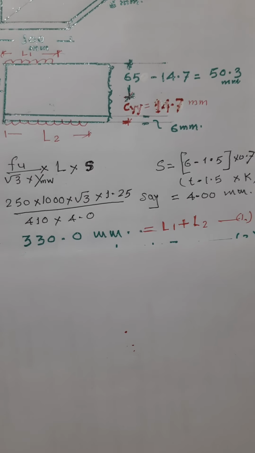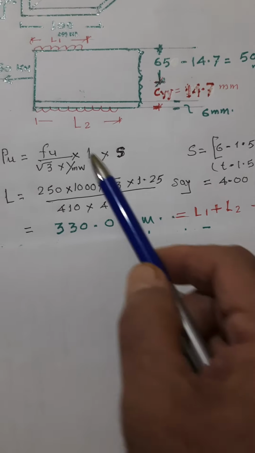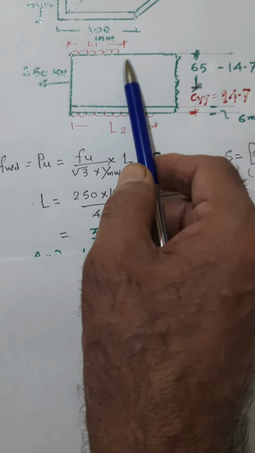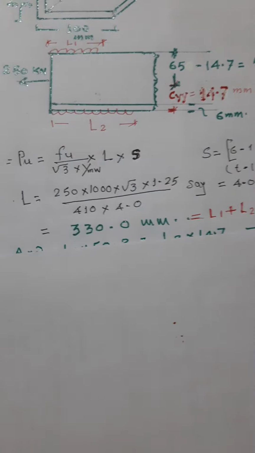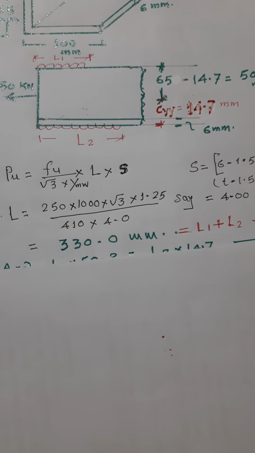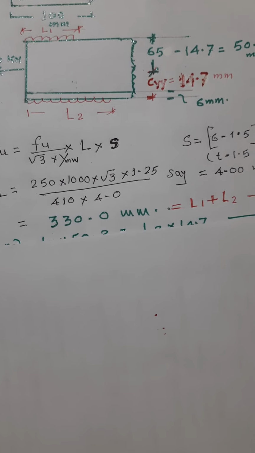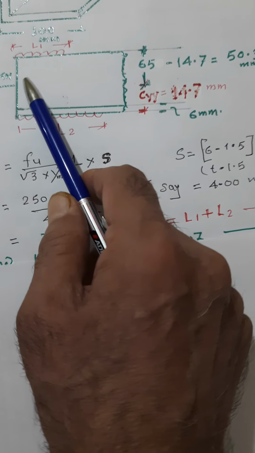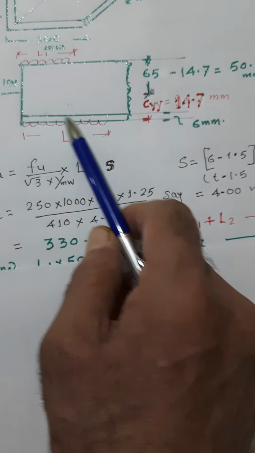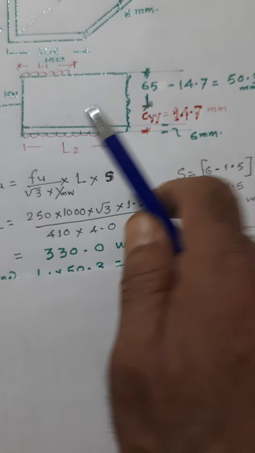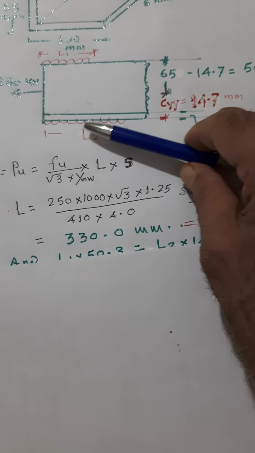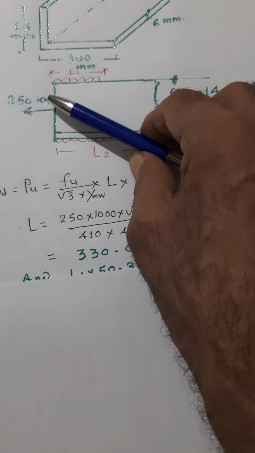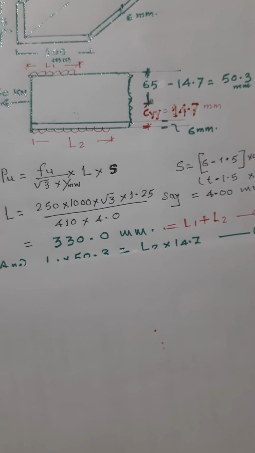How to frame that equation? This load is acting over here, this load is also acting over here, and one important thing is the moment about the CG, that is x bar CG. Because it is in equilibrium, the force because of this into this distance and the force because of this into this distance must be equal.